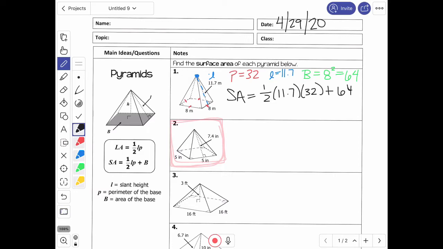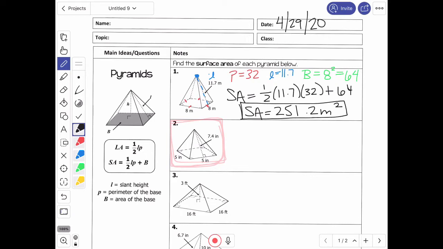And remember how in the last video we had to do plus 2B? That was because we had two bases. In pyramids, you're only going to have one base, so that's why we only have to add the base once. We don't have to multiply it by 2 in these formulas. The same is going to apply for the cone. So after I plug in all of this into my calculator, I get a surface area of 251.2 meters squared.